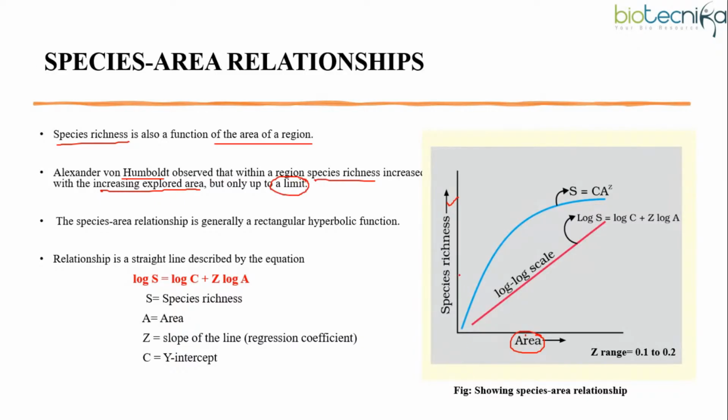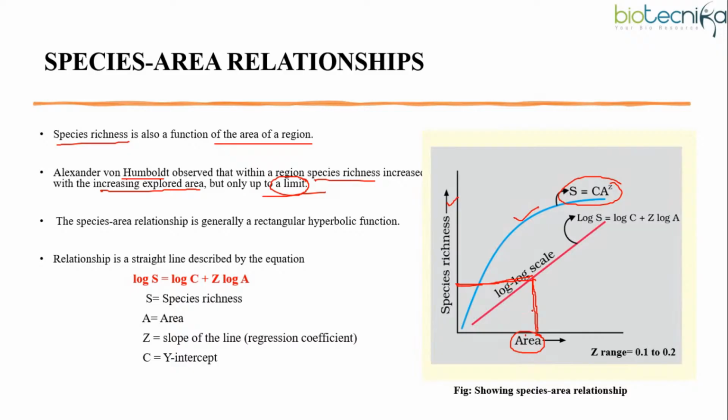As you can see here, the species richness increases with the increased explored area. Here the species richness is on the y-axis and area is on the x-axis. But only up to a limit. It's not limitless. Usually the species area relationship is a rectangular hyperbolic function, which is represented here with this blue line.